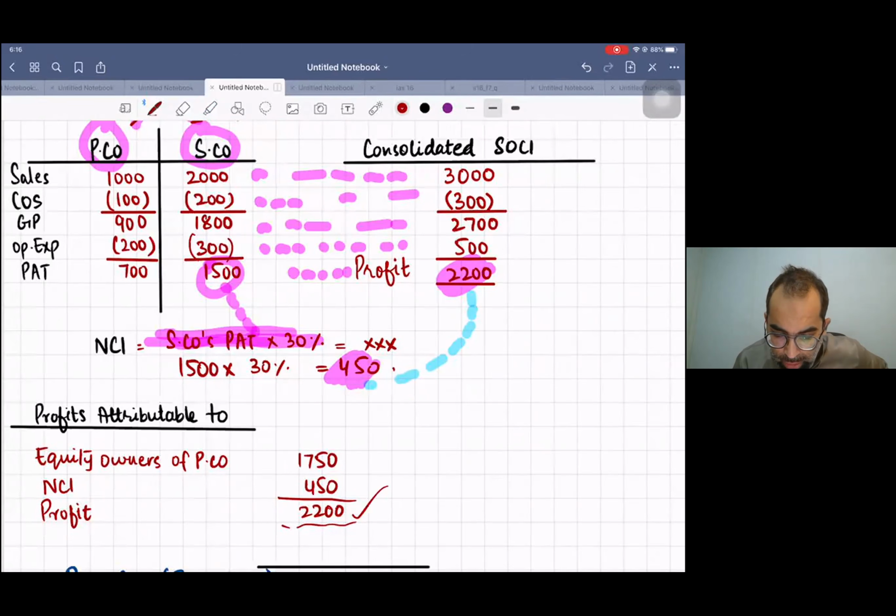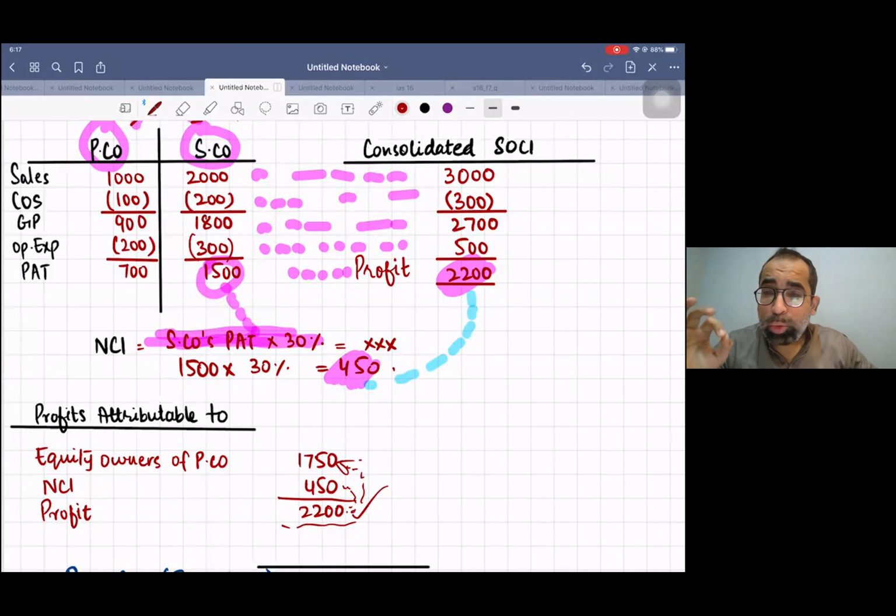From this profit, 450 belongs to NCI, and 2200 less 450, which is 1750, belongs to the equity owners of P company. So the simple three steps of the income statement: adding together, then NCI, and then these three lines. This is the basics.